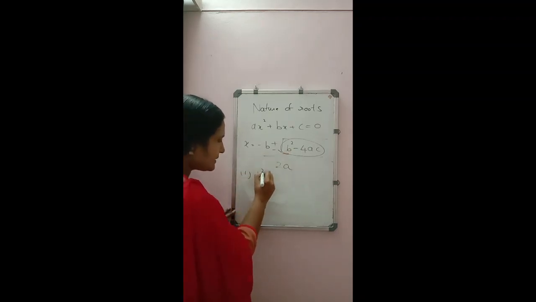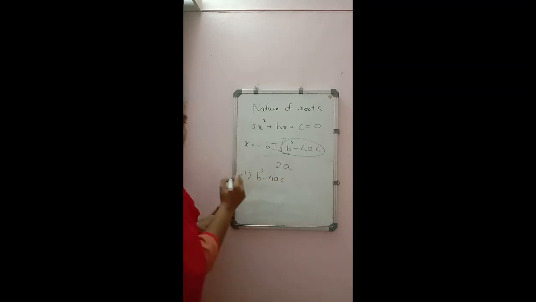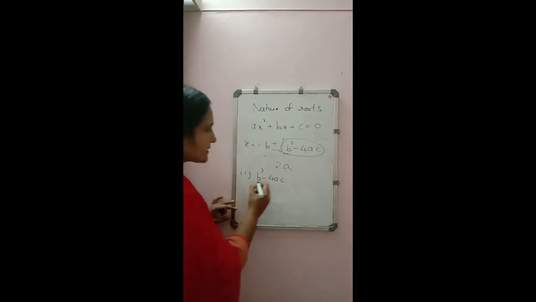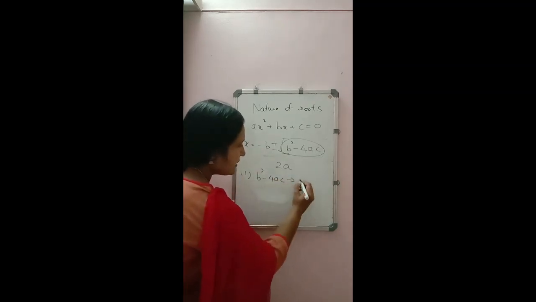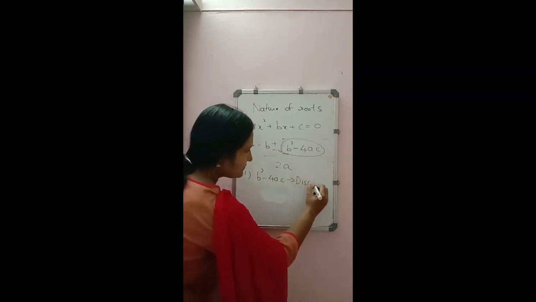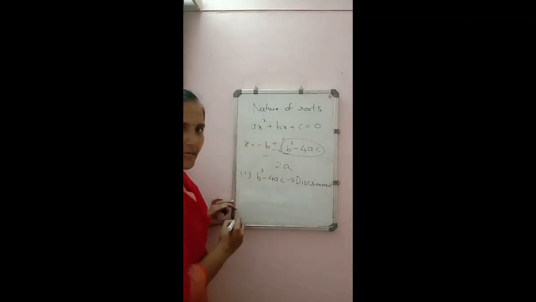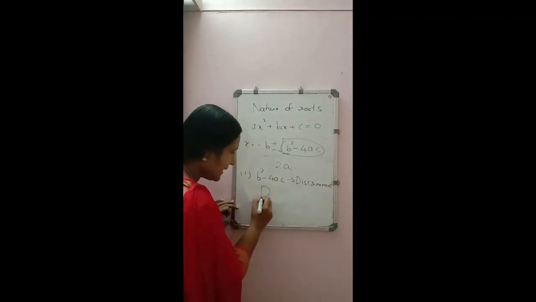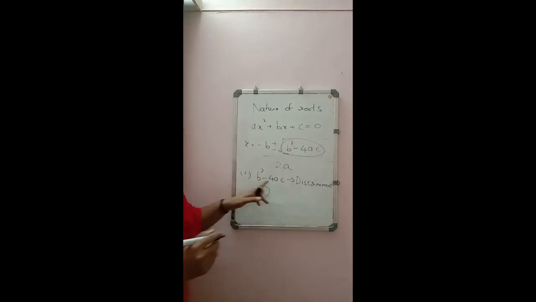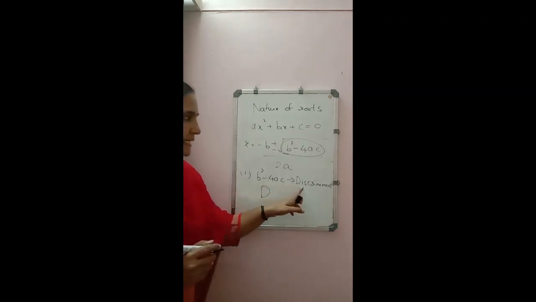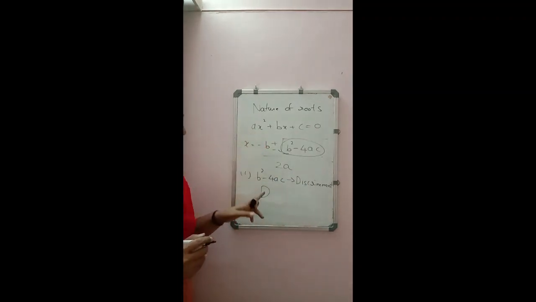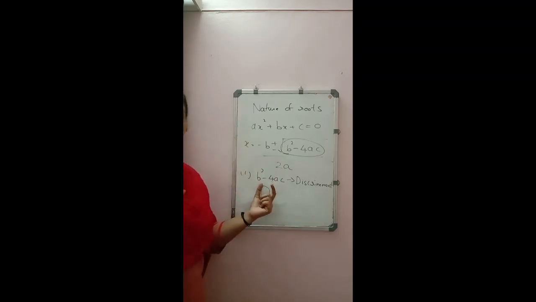This expression b square minus 4ac, I told you earlier, is called the discriminant of the quadratic equation and is denoted by the letter D. So the nature of our quadratic equation will depend on the value of b square minus 4ac.